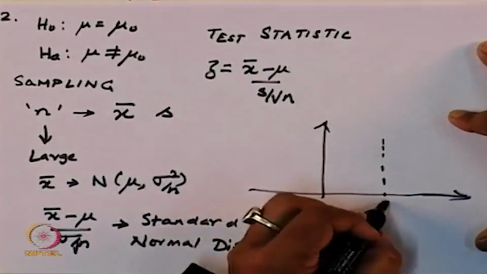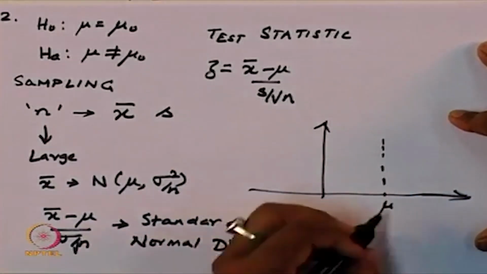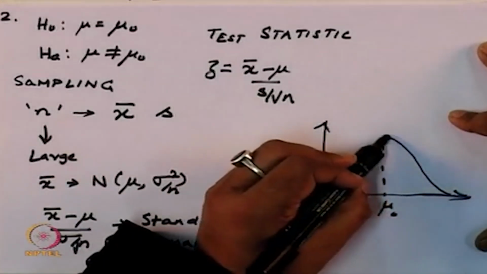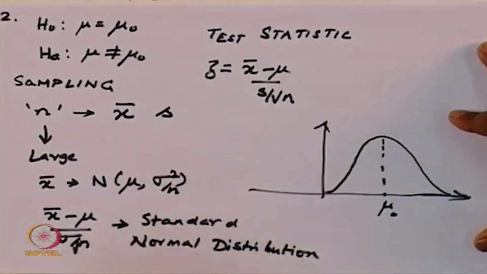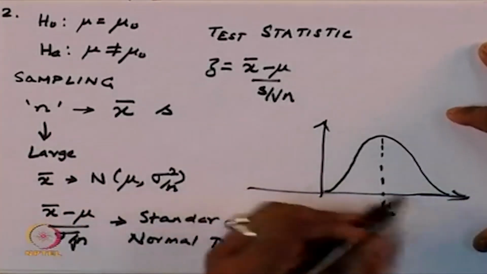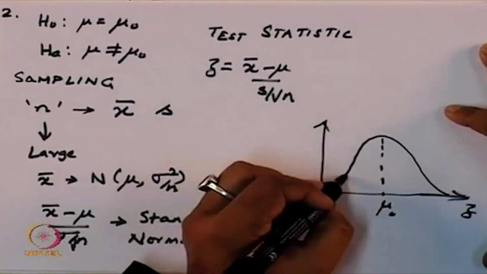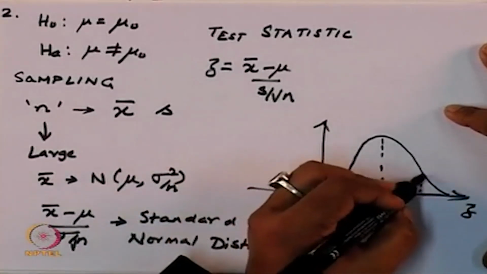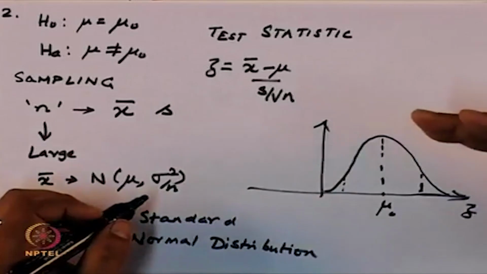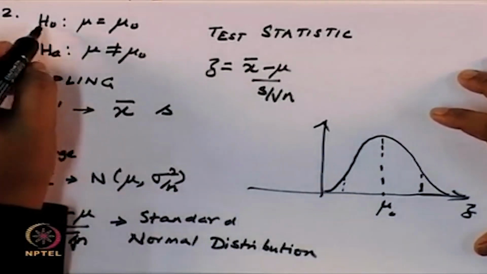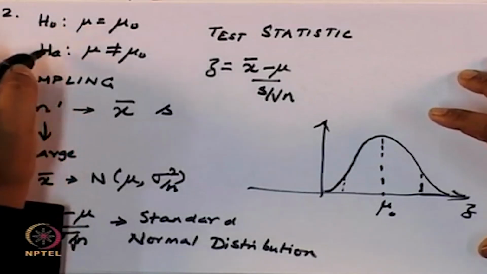Let us say this is your mu value, okay, or mu naught value, and you will have a distribution. This is roughly normal distribution. You will have a distribution which is on both sides of this mu naught, okay. And let us say you have to decide how do you come to the conclusion that your hypothesis is either right, that is you accept your hypothesis, or it is wrong and you accept the alternate hypothesis.